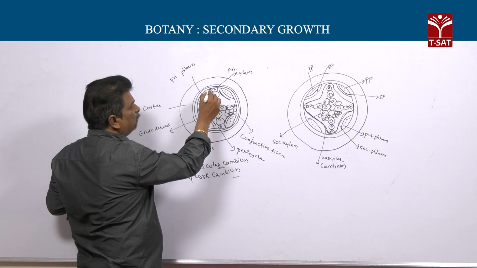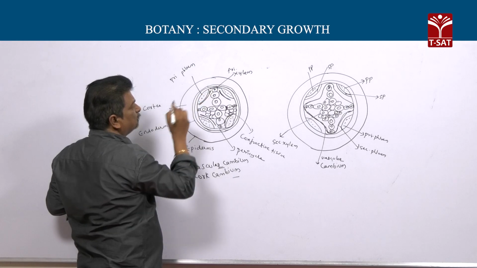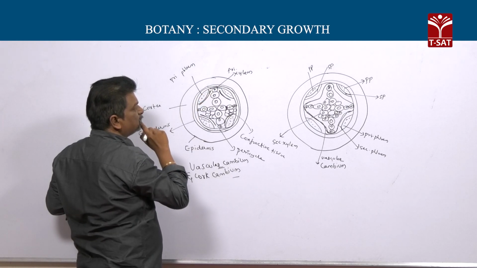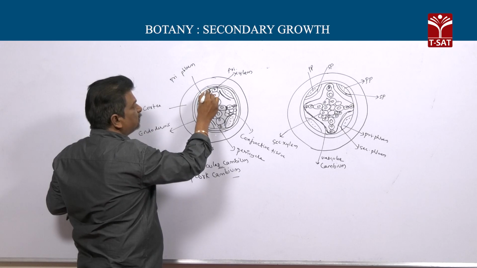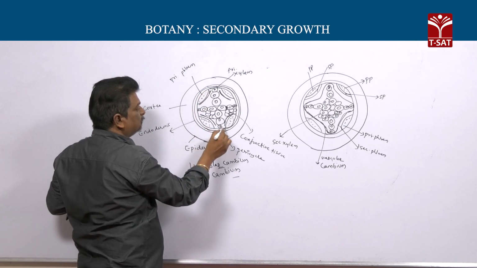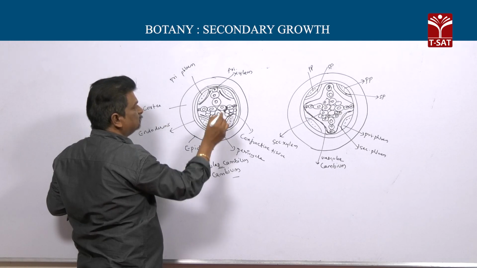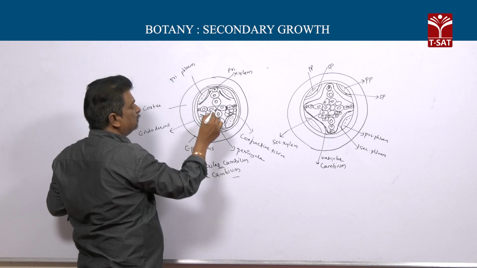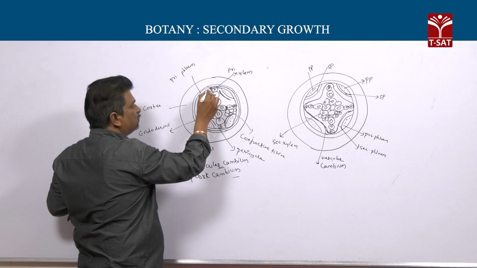Actually, where the pericycle undergoes dedifferentiation means the pericycle present above the protoxylem undergoes dedifferentiation. Then it produces cambial stripes.